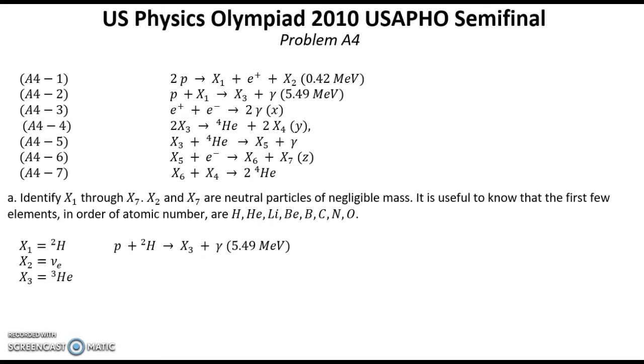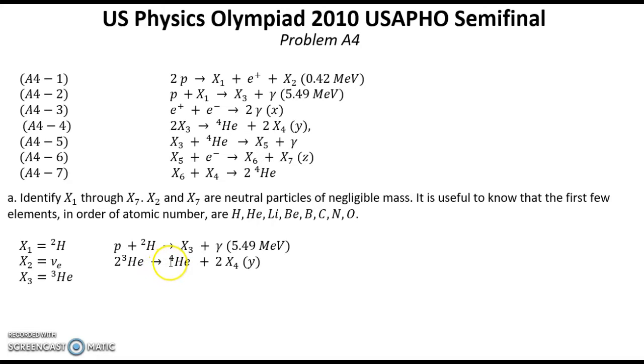Now let's go to reaction 4. In this reaction we already know that X3 is helium 3. Then let's rewrite it. On the left we have 2 particles of helium 3 with a total mass 6 and charge 4.